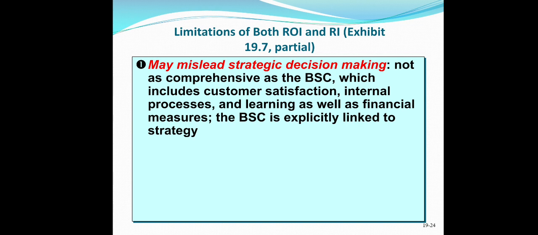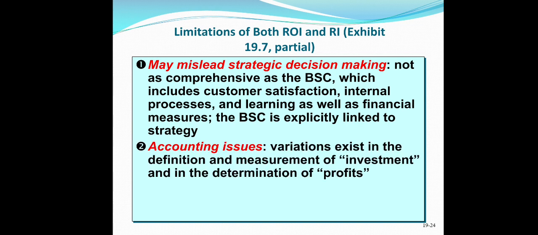But this method also has several limitations. It may mislead strategic decision making, not as comprehensive as the balanced scorecard, which includes customer satisfaction, internal processes, and learning, as well as financial measures. The balanced scorecard is explicitly linked to strategy.